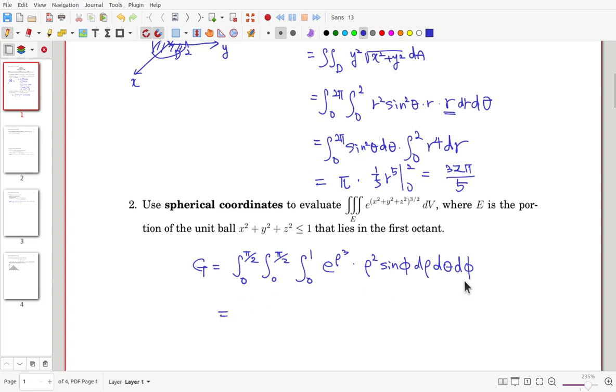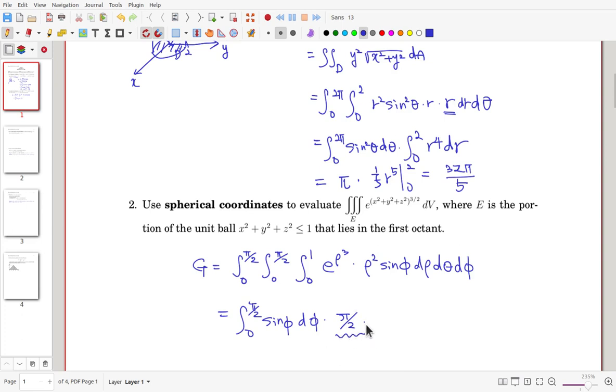For phi, we have the integral of sine phi d phi from 0 to pi over 2, times theta. Theta is independent, so we get pi over 2 immediately from the theta integration.